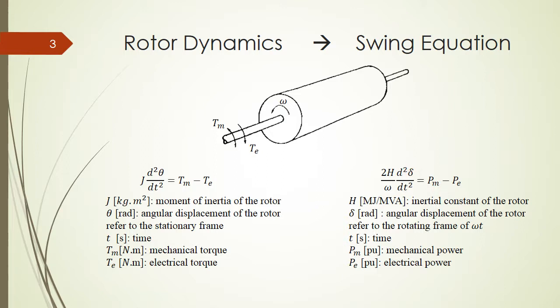Delta here is the angular displacement of the rotor, but this time it refers to the rotating frame of omega t. t here is also the time. This is what we call the swing equation, and it will be used to analyze the behavior of the rotor of an electrical machine.